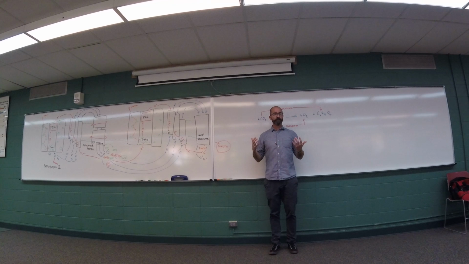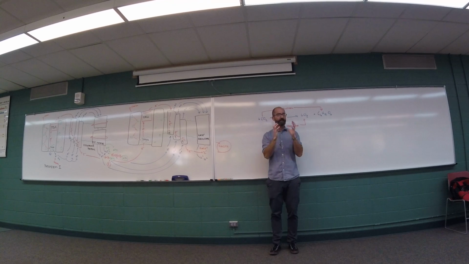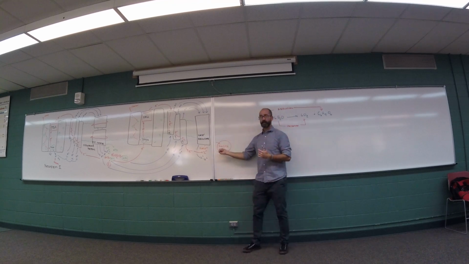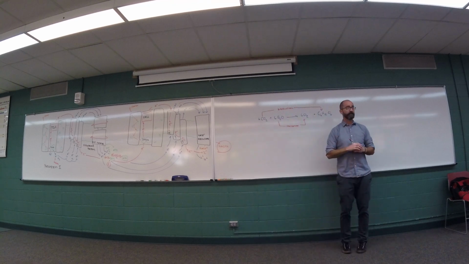Which molecule? What supplies electrons? P680 is important in making ATP, but what's the actual molecule that's shuttling electrons around? NADPH, right here. That's the source of the electrons for this reduction reaction.